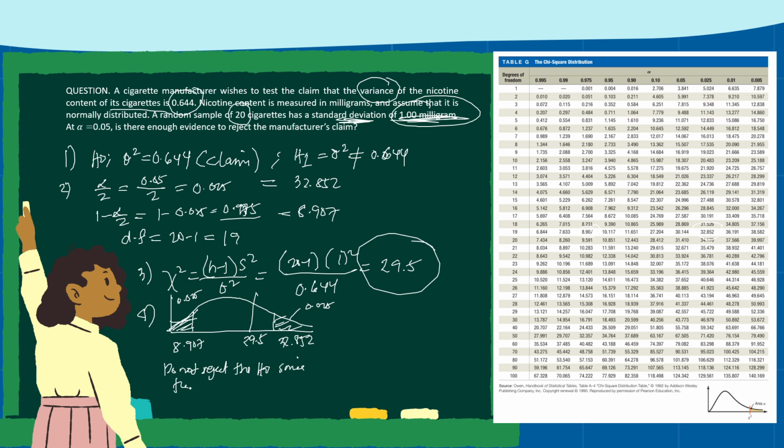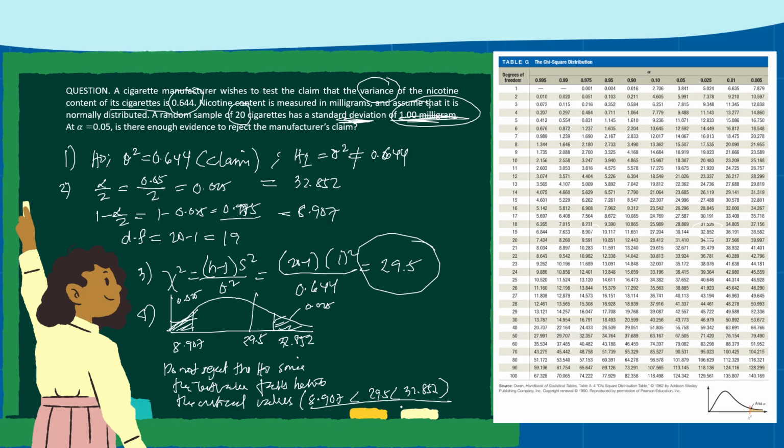since the test value falls between the critical values. So that is 8.907 and 32.852.